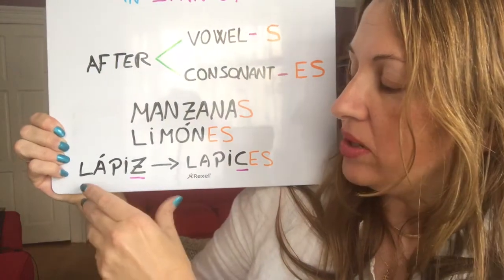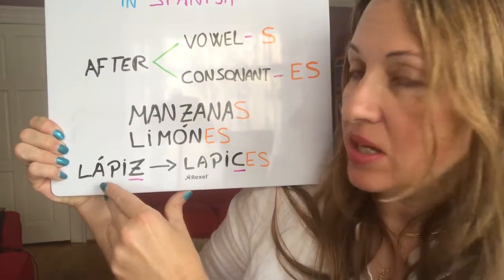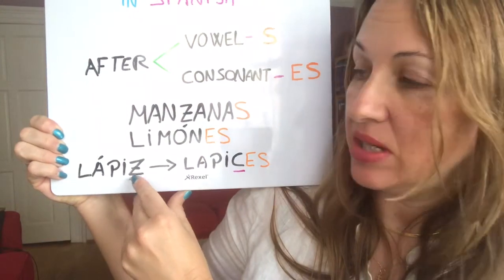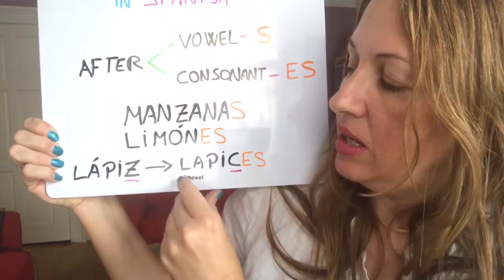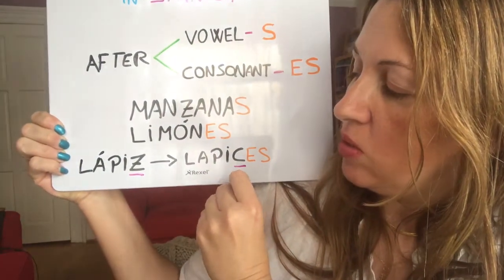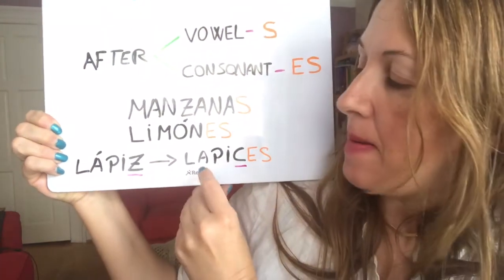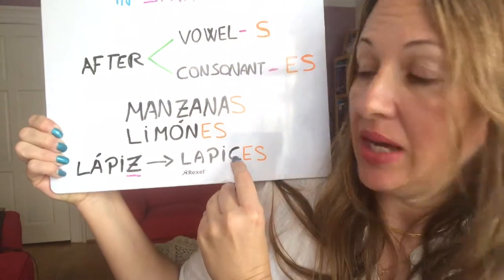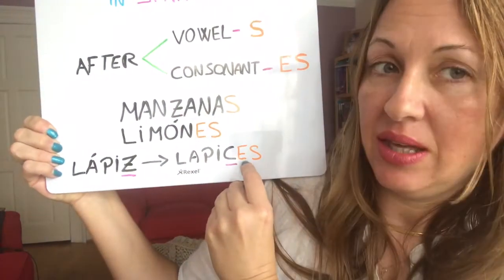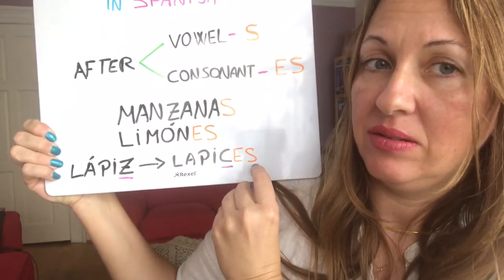But when we turn a singular word that ends on Z into plural, we have to swap the Z for a C and then add the ES at the end.